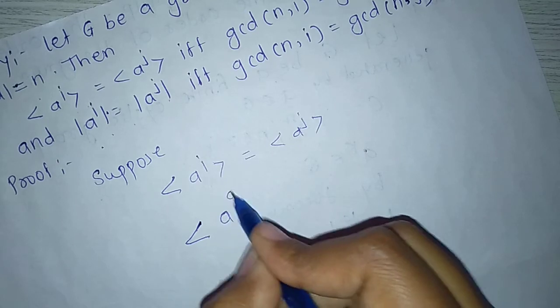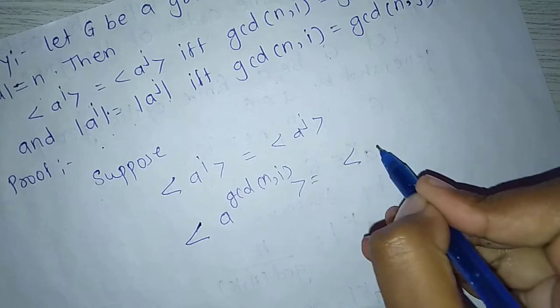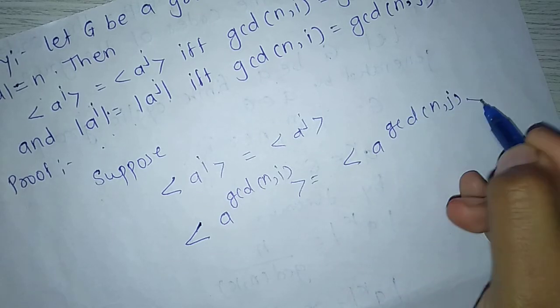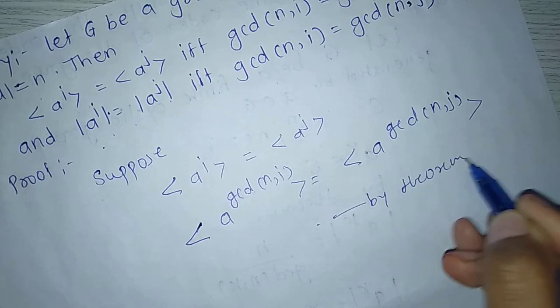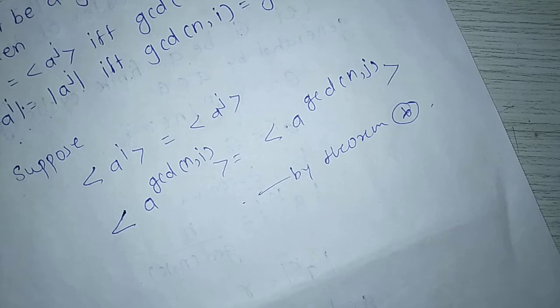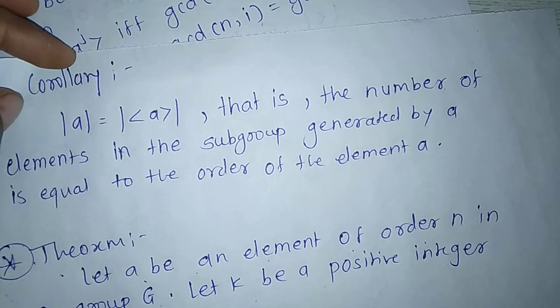The set generated by a raised to GCD of ni is equal to the set generated by a raised to GCD of nj, by theorem star. By corollary, we know that order of a equals order of the set generated by a.